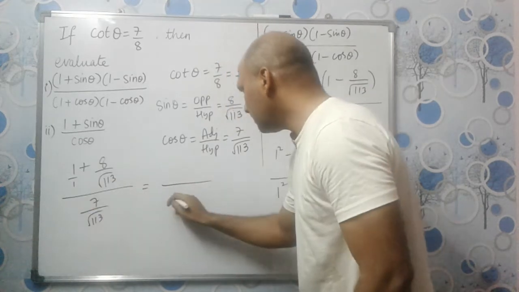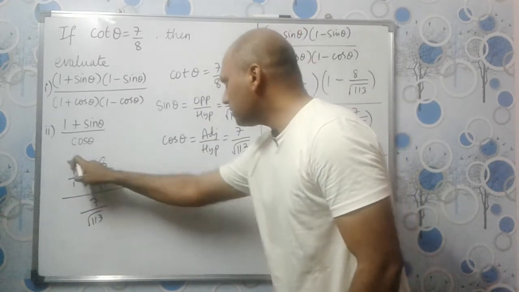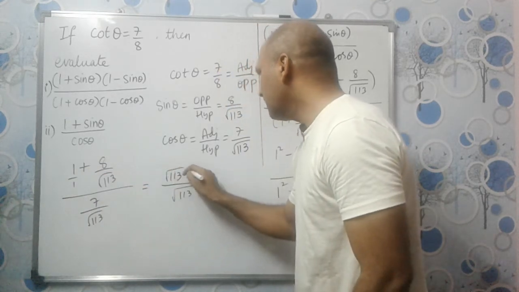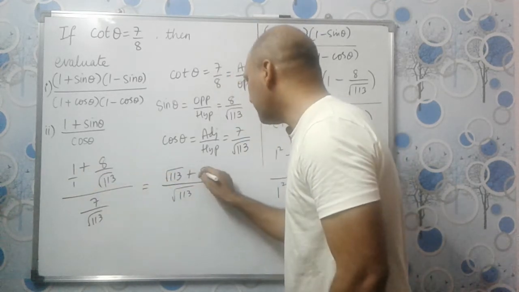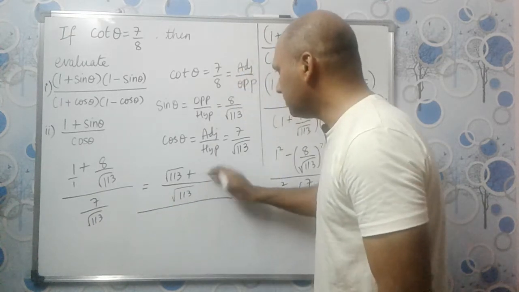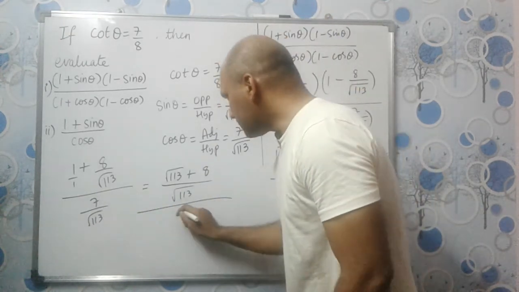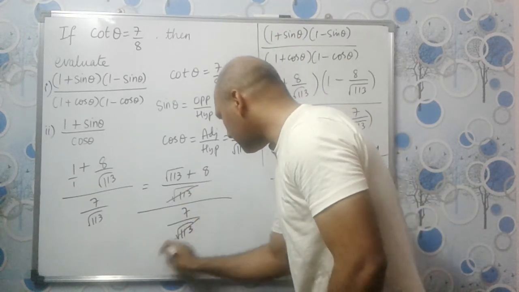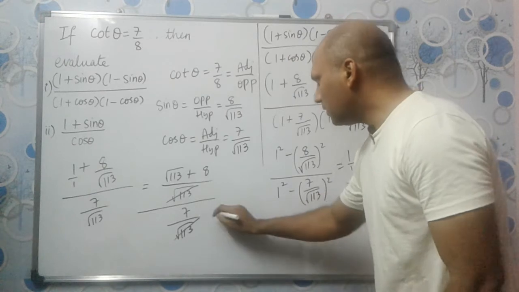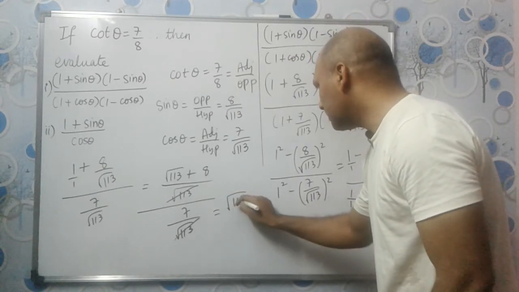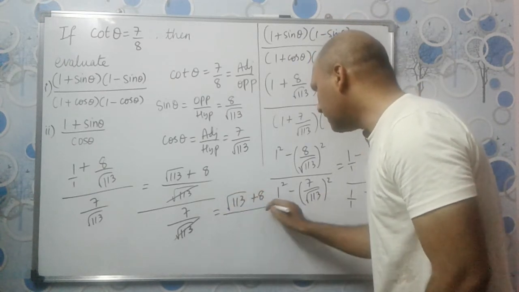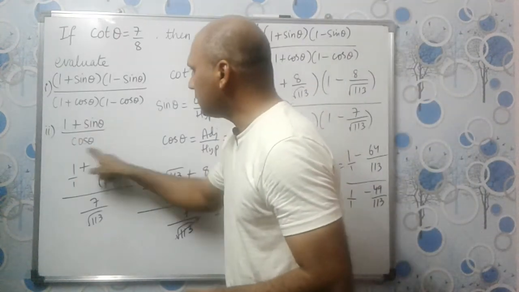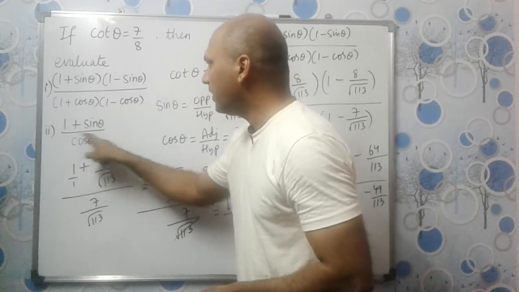Root 113 into 1 is root 113, cross multiply these numbers, root 113 into 1 is root 113, plus 1 into 8 is 8, divided by 7 by root 113. So this and this will get cancelled, right? Finally we have root 113 plus 8 divided by 7. This is the answer for the second bit, which is 1 plus sine divided by cos.